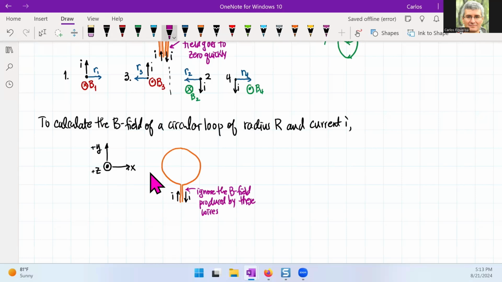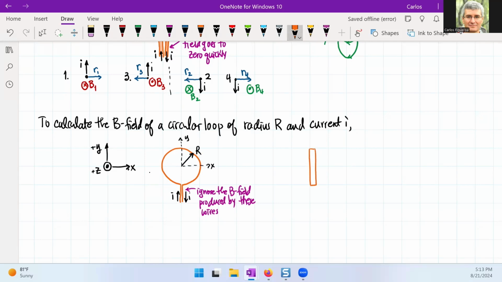So we only focus on the loop here. So when I'm looking at this, here's my x-axis, here's my y, and then this is going to be my radius r. But from the side view, we're going to have a loop that we only see the side of.